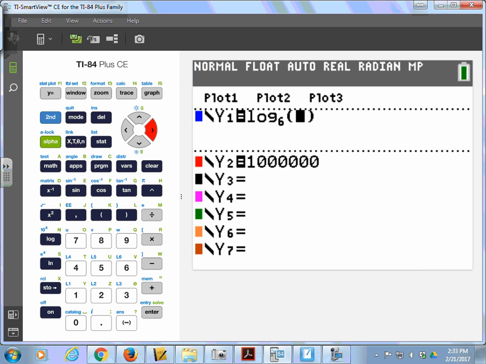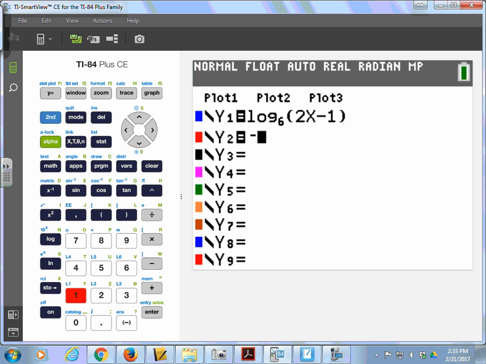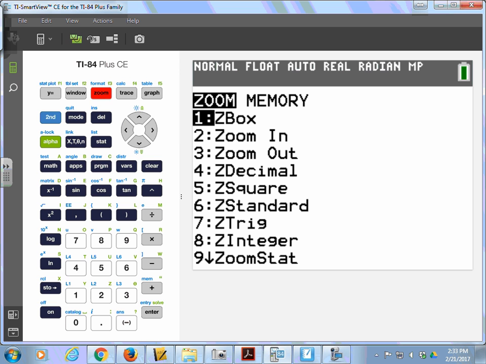Log base 6 of 2x minus 1, and we want to know, when does that equal negative 1? Zoom 6.